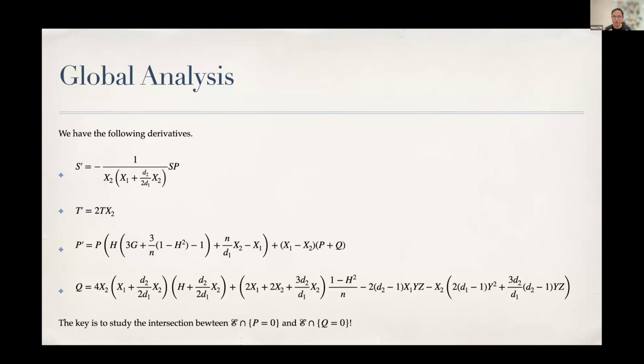So that's also my question for all of you here. I'm not sure if you can have more beautiful arguments in algebraic geometry that can tell how Q equals 0 and P equals 0 intersect.